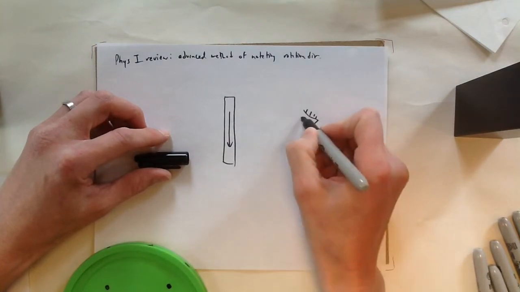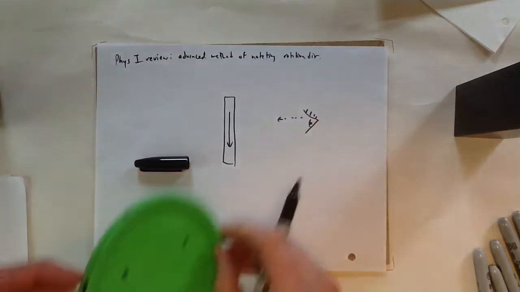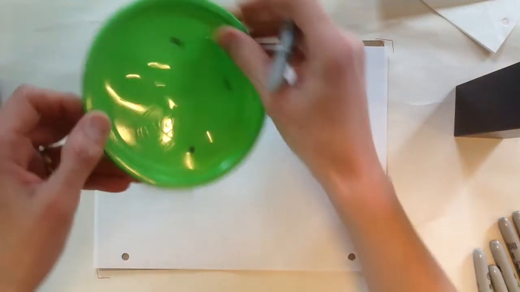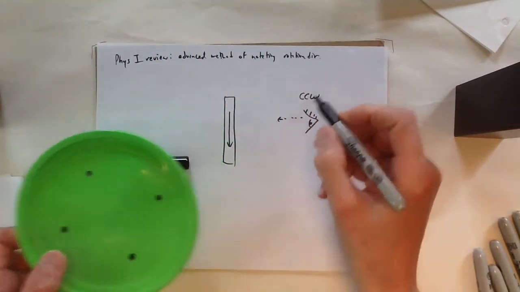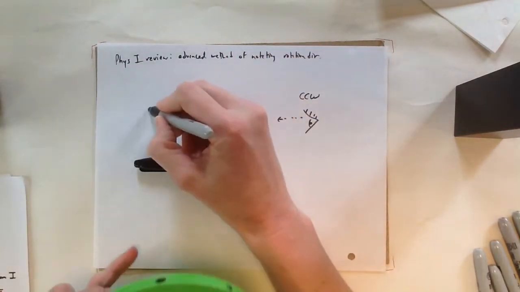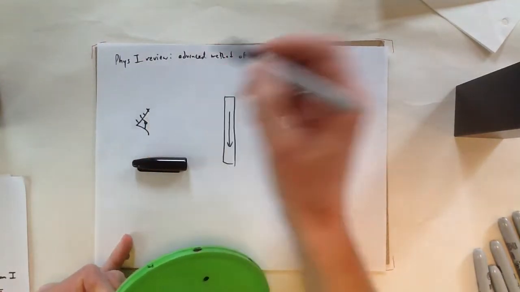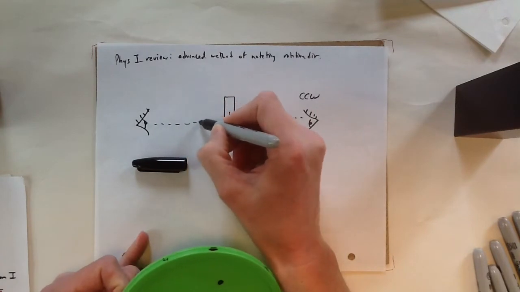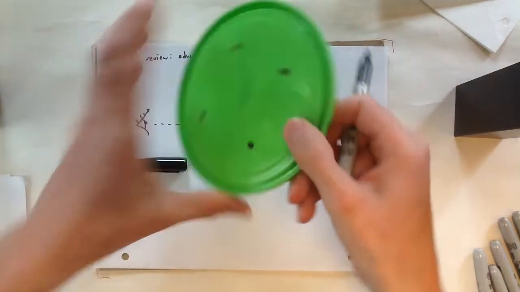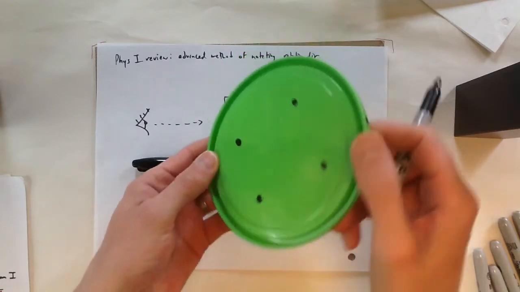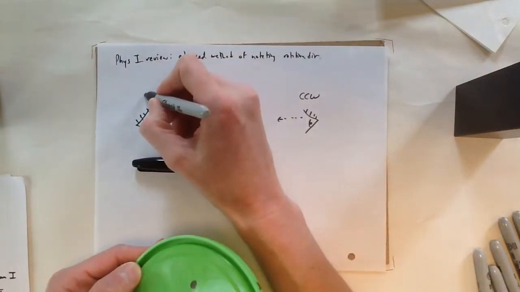A person looking over here would say, again, that is counterclockwise. And a person over here, that's the physics eyeball. If you haven't seen it, it's meant to indicate perspective. So that same rotation, a person over there would say clockwise.